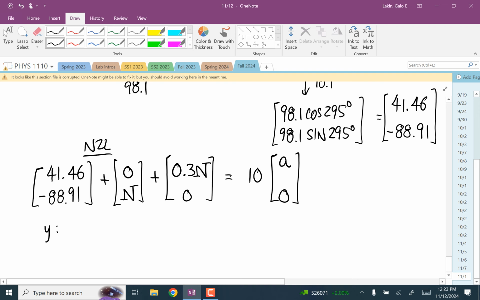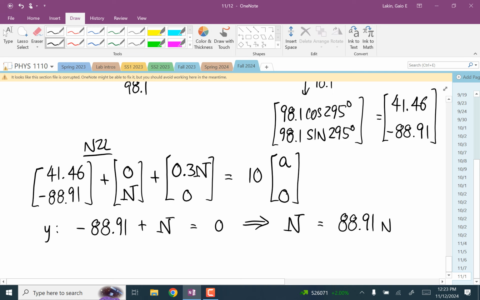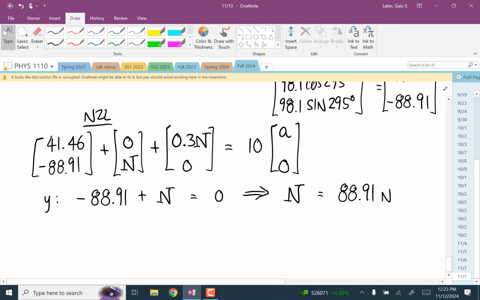And so I'm going to use the y equation to calculate N. This says negative 88.91 plus N is equal to 0. So N is equal to 88.91 newtons. And then I'm going to plug that into the x equation.